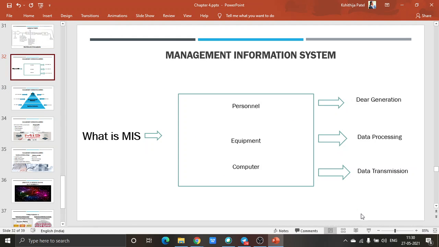So if you want, take a screenshot of this management information system. Try telling it in your own words in tomorrow's class. So what is MIS? How it is when it comes to personnel, equipment and computer.